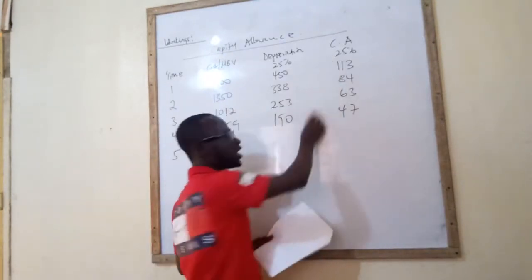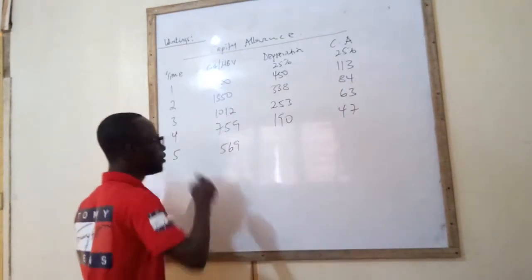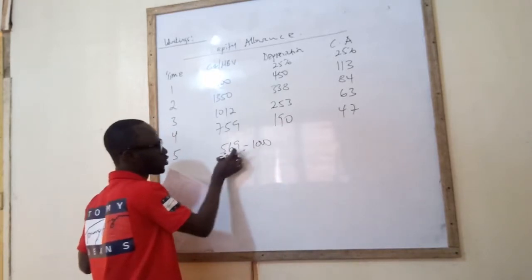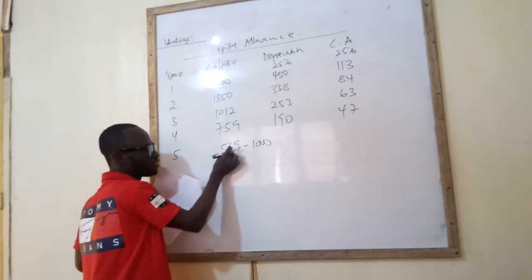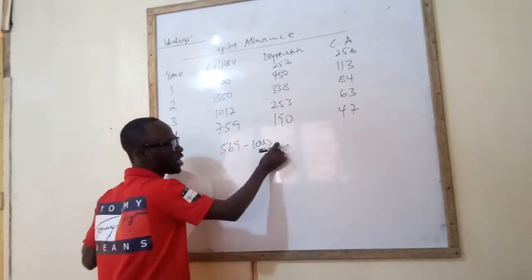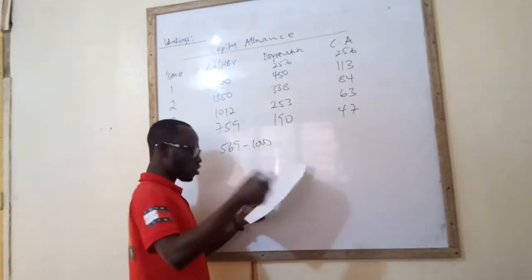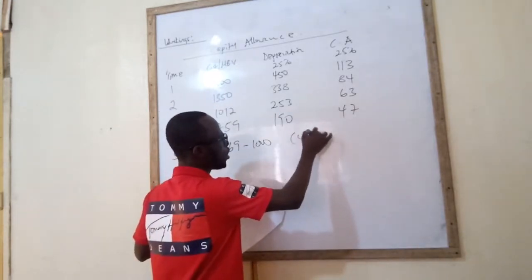How is it going to go then? Because it has a scrap value, we're just going to subtract that scrap value of 1,000. So the book value is 569, but we sell it for 1,000. What it means is that the company is making an extra profit of 431.